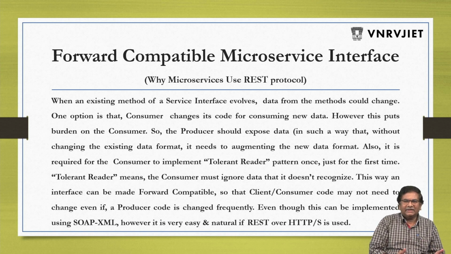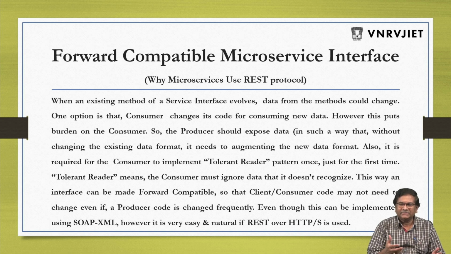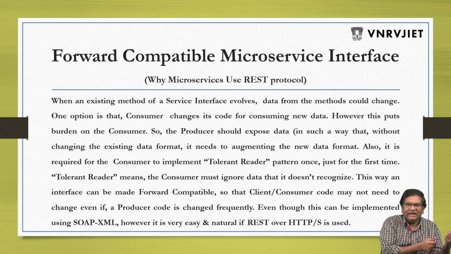For such kinds of consumers, the producer should expose data in such a way that without changing the existing data format, it augments the new data format. However, this puts a burden on me. Because I have to change my interface, it puts a burden on me as a consumer, that means as a UI, I have to change my code.